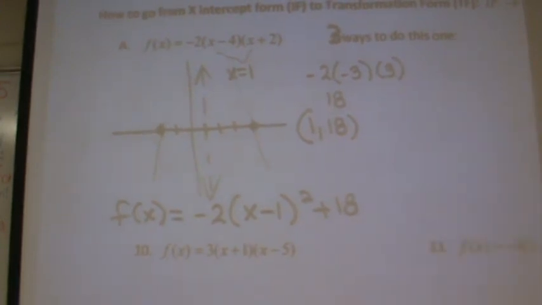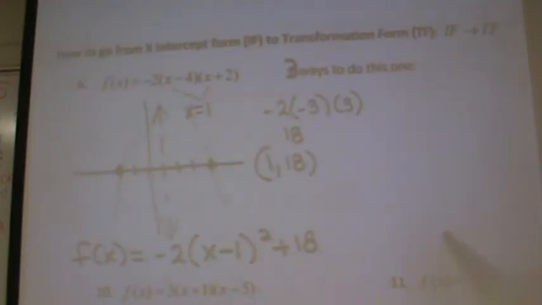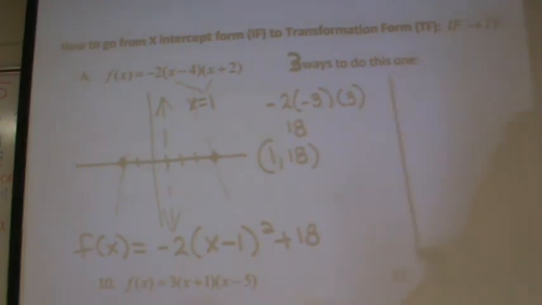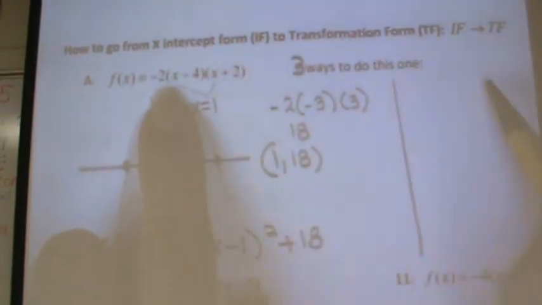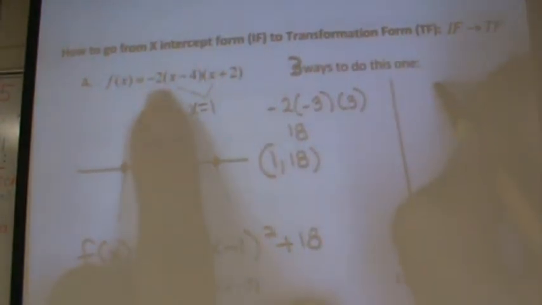That's one way. The other two ways would be, I'd have to FOIL this. Turn this into polynomial form, which I would do by factoring the x minus 4, x plus 2, and then distributing the -2.